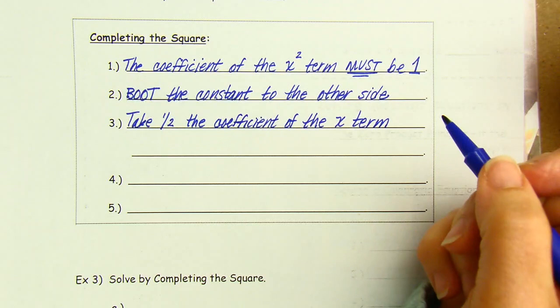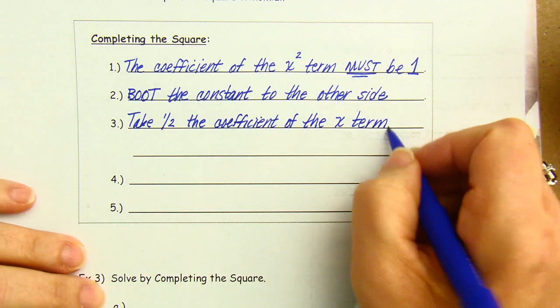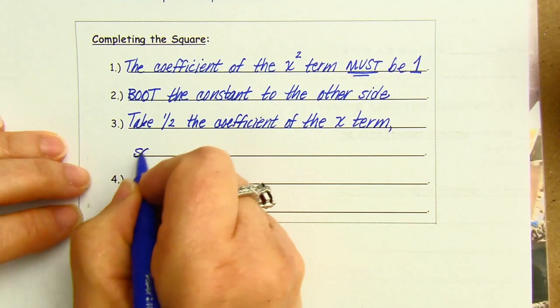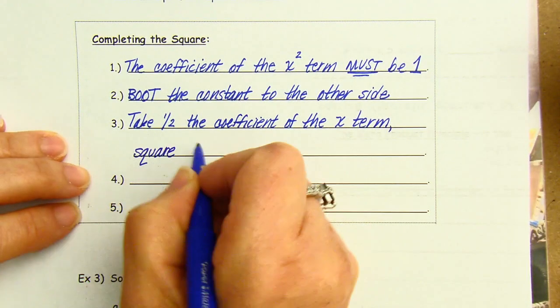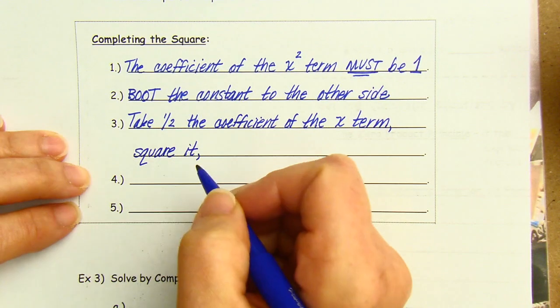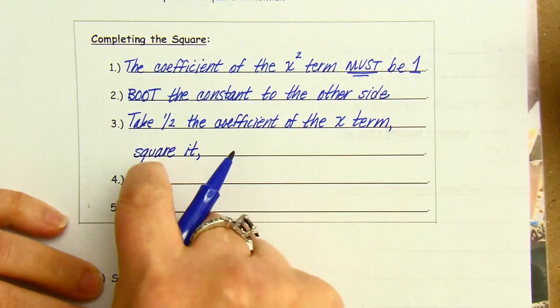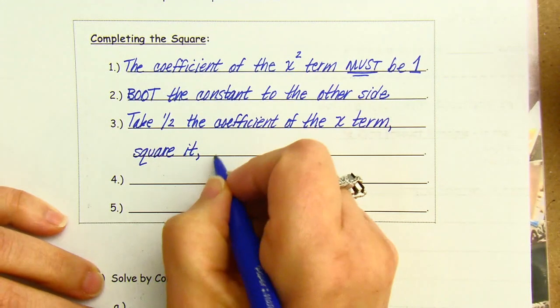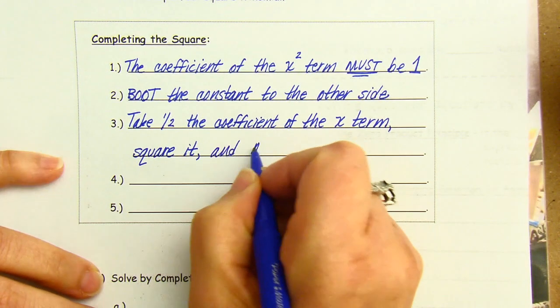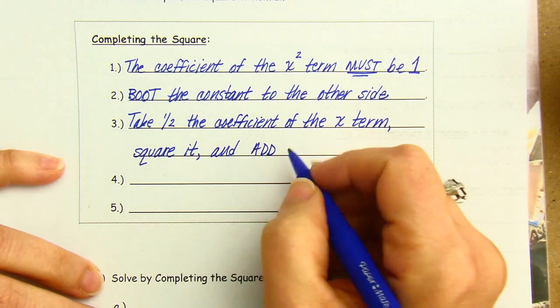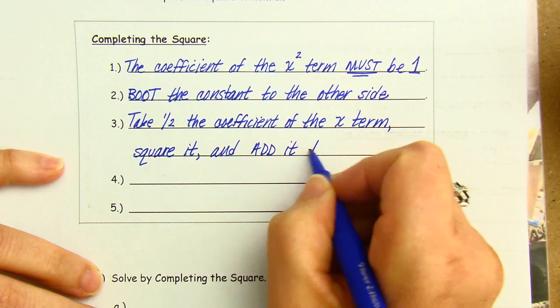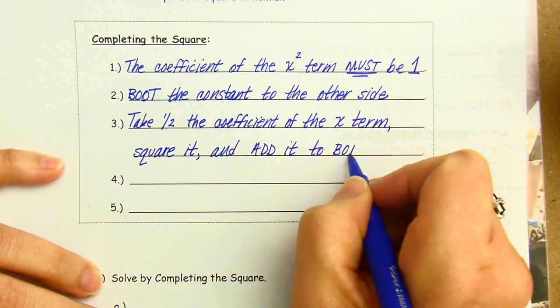So you take half the coefficient of the linear term, you square it, and then you add that value to both sides. That's your square, right? You're adding a square to both sides of the equation.